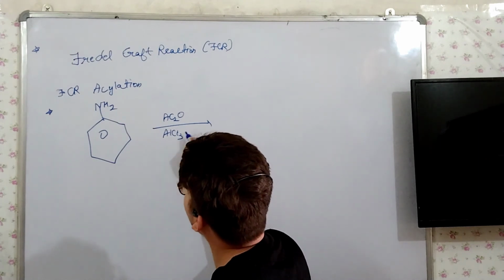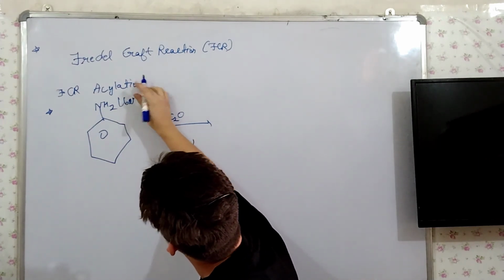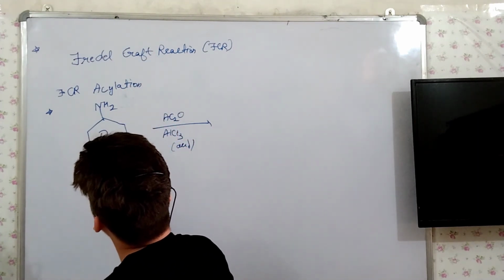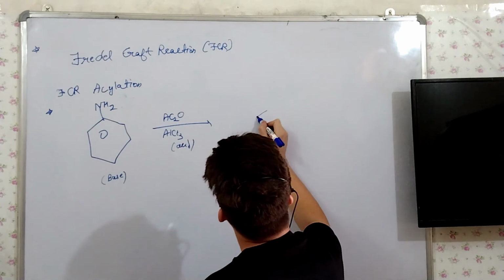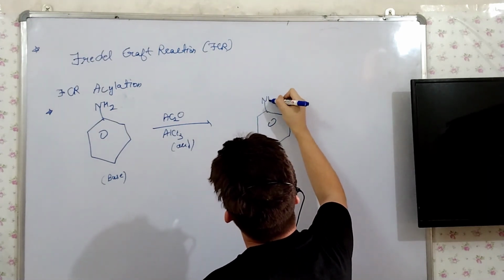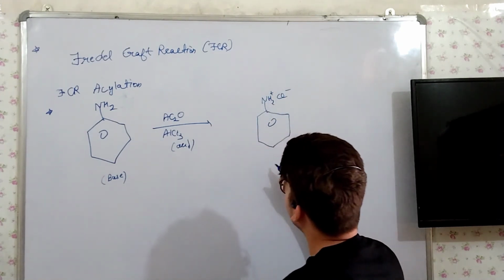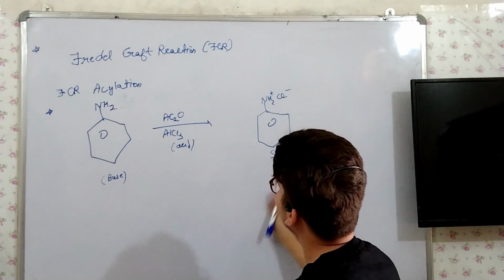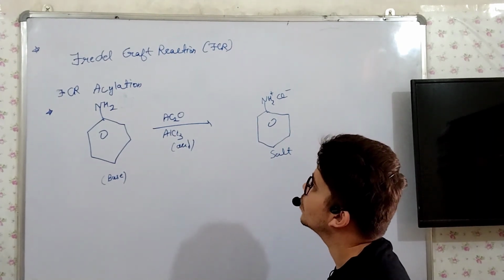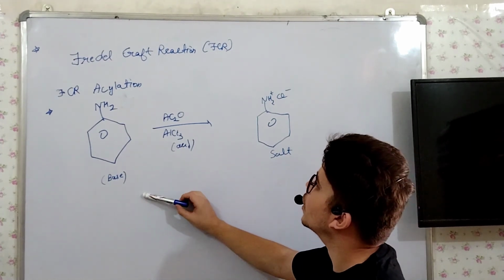The AlCl3 is a Lewis acid and aniline is a base. So here an acid-base reaction will happen and we will get NH2 plus with Cl minus. So we will get a salt as the product. That is why aniline is not giving the Friedel-Crafts reaction.